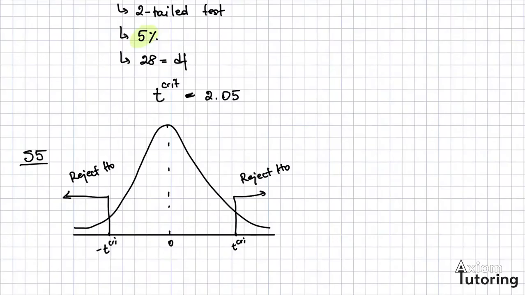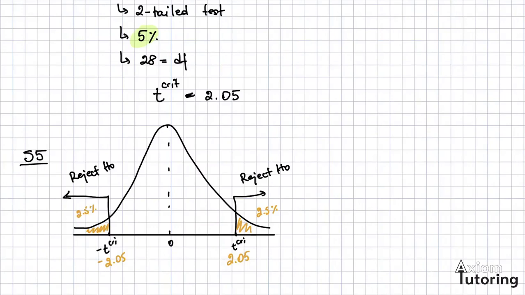I now also know that this t-critical more concretely is 2.05, and on this side it is minus 2.05. I know this area is 2.5%, and this area is 2.5%. You don't need to write the areas, but this is a reminder of what we're doing.